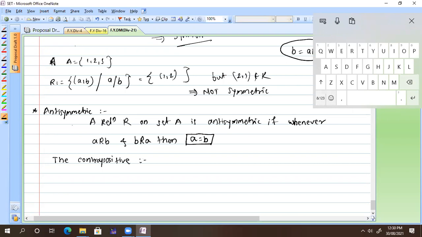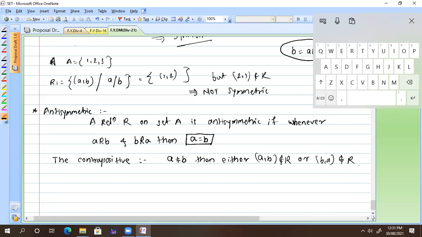So if I apply the contrapositive here, if A is not equal to B, then either the pair A comma B does not belong to the relation, or B comma A does not belong to the relation.